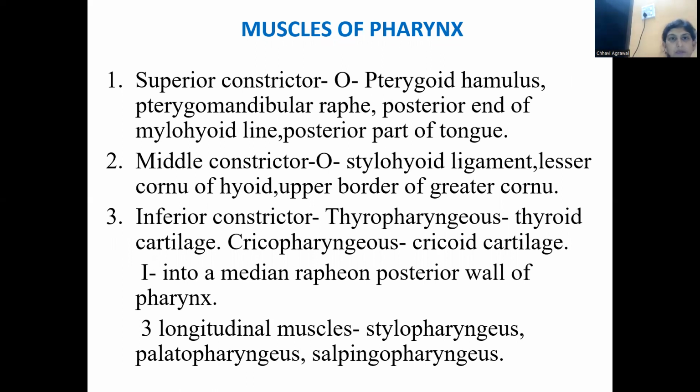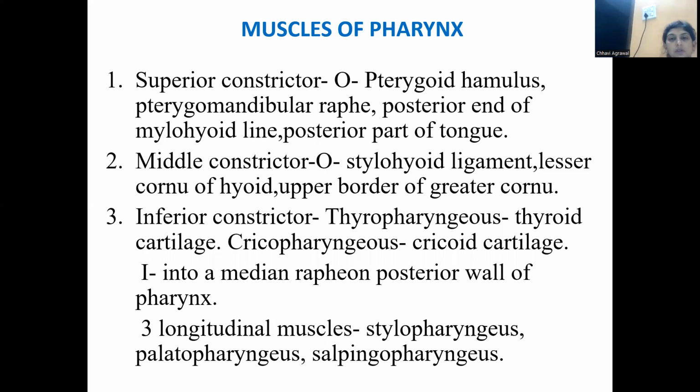The muscles of the pharynx: superior, middle, and inferior constrictor muscles. The superior constrictor originates from the pterygoid hamulus, pterygomandibular raphe, posterior end of mylohyoid line, and posterior part of tongue. The middle constrictor originates from the stylohyoid ligament, lesser cornu of hyoid, upper border of greater cornu.